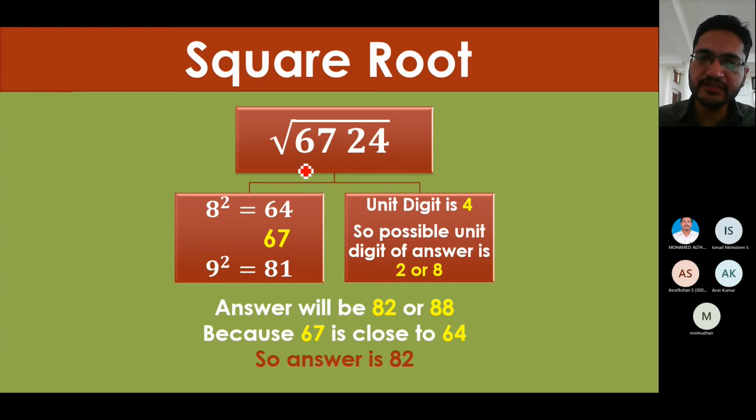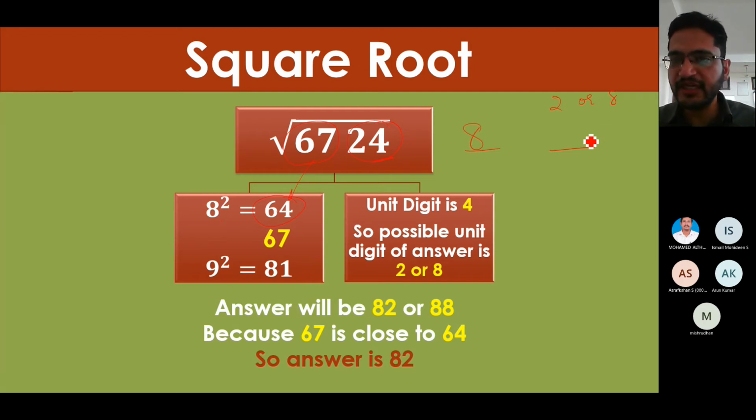Now one more example. Here we are to find the square root of 6724. First of all, we will make pairs of two digits. Now this number is ending with 4, so the unit place is 2 or 8. Now in the second step, 67 is greater than 64, which is the square of 8. So here will be 8. Now we have to decide whether the unit digit will be 2 or 8.